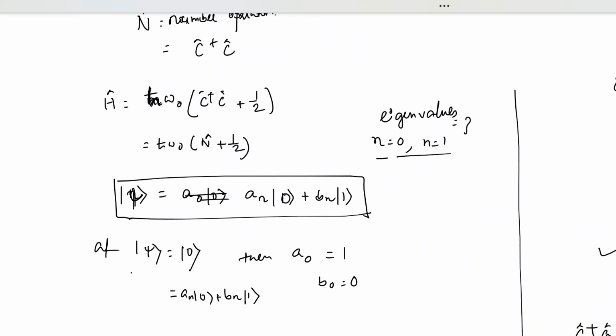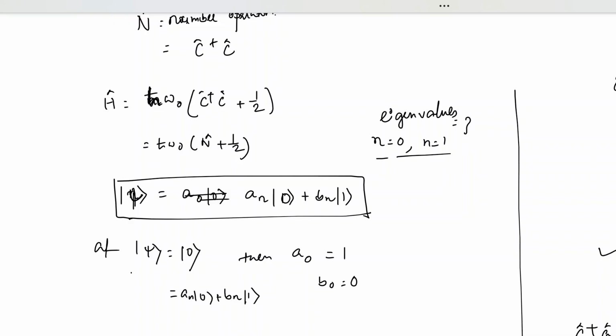In this case your Hamiltonian, given by this form h cut omega naught, n plus half, is basically h cap acting on psi equal to h cut omega naught, n plus half, acting on a n 0 plus b n 1.